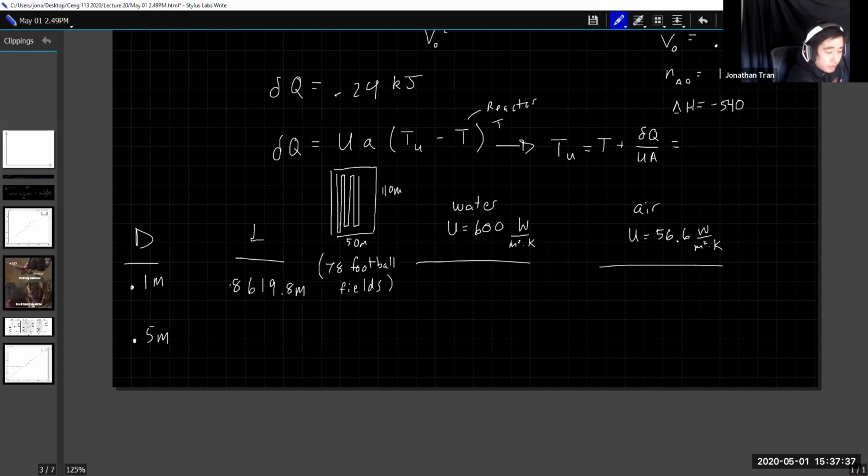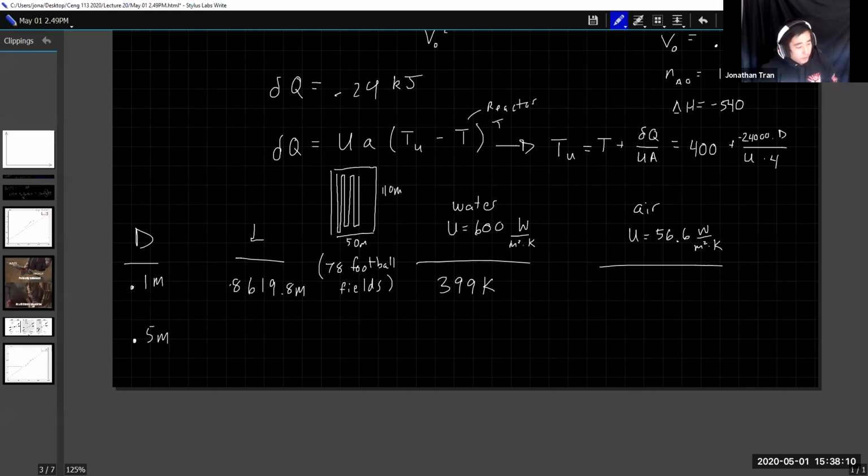Using the numbers that we have, we're going to put 400 plus del Q, or negative 24,000, times the diameter divided by U times 4. If we do the calculation for TU when we use water, we'd actually get 399K.